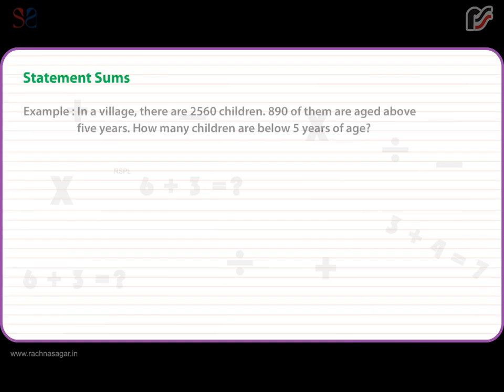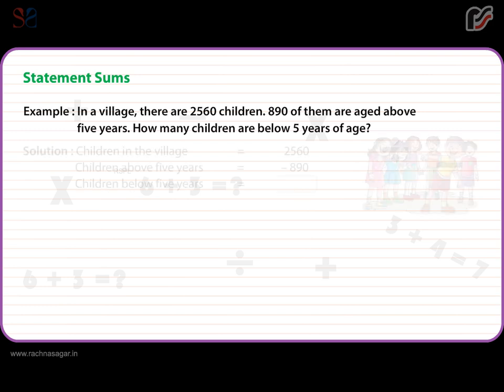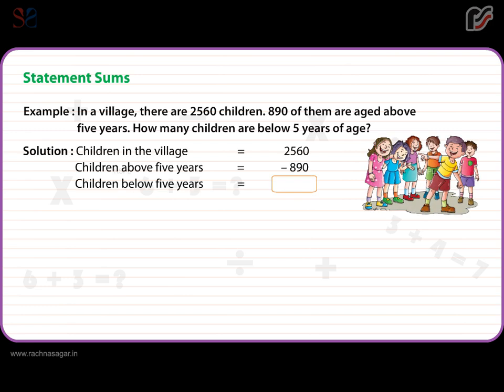Statement sums. Example. In a village, there are 2,560 children. 890 of them are aged above 5 years. How many children are below 5 years of age? Solution. Children in the village is equal to 2,560.